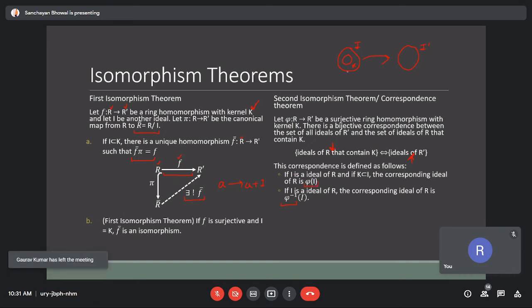I take an ideal I containing K, and I apply phi to all its elements, and I get the new ideal in R dash. Similarly, I can go back by applying phi inverse. Now, what is phi inverse? That is all those elements which are mapped into I dash. This is shown by phi inverse of I dash. Okay, am I clear? Yeah, perfect, thanks.